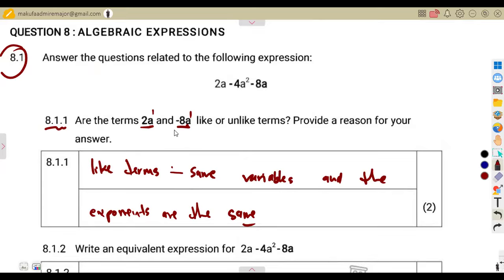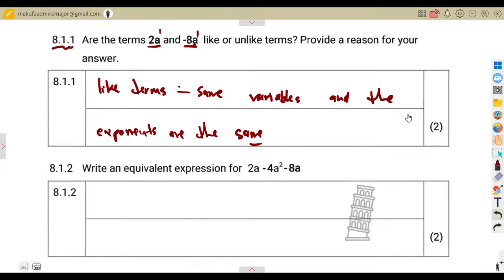Like the variable, we are talking about a, having a. If I am given X and Y, before I talk about exponents, these two variables are different. They are unlike terms. So the first thing is that we must have the same variable, same exponent. These are like terms. Same variable, same exponent. Okay. So that is what we needed.